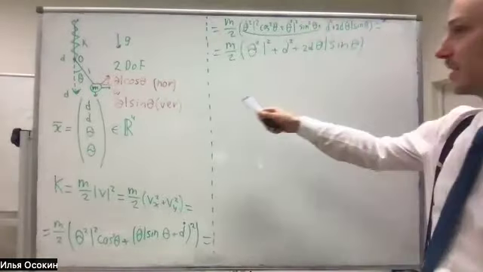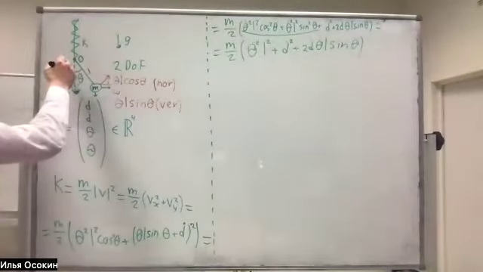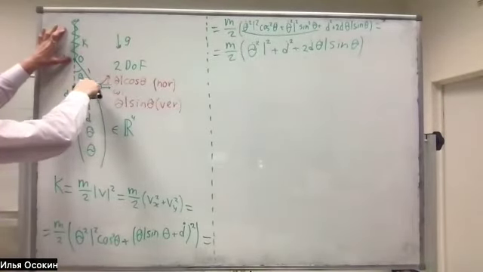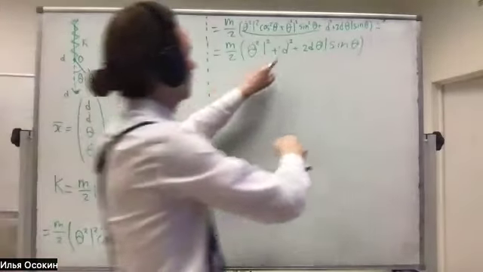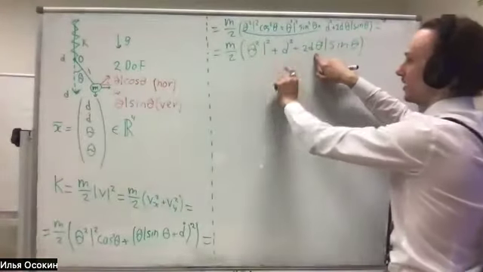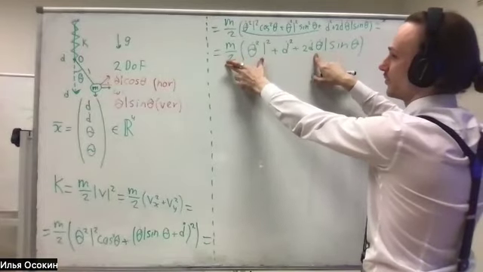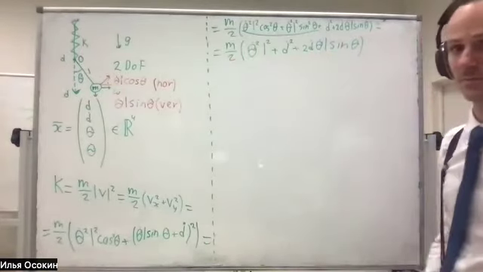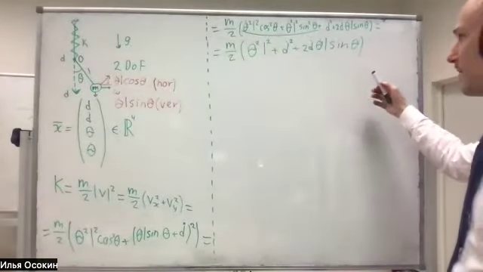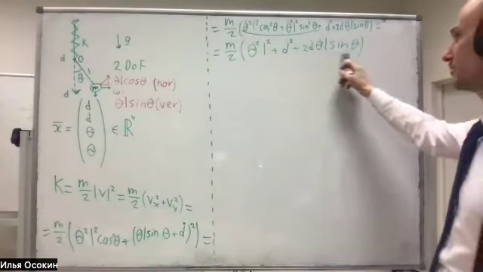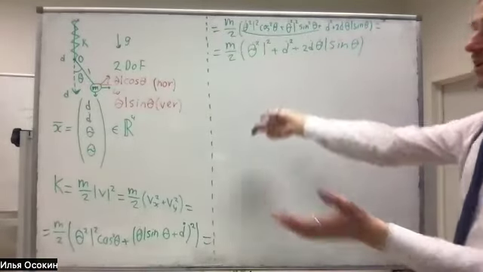On the other hand, if there is no vertical motion, this system simplifies to a simple pendulum. So d dot is equal to 0, this is 0, this is 0, and this is just the kinetic energy of a simple pendulum, which makes sense again. However, there is a bit of a complication. There is a cross term because of the nature of the system.